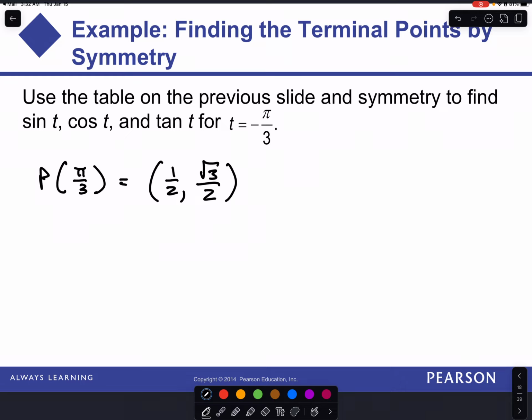So then we're going to call ours a Q, and we want it to be a negative pi over 3. So instead of being in the first quadrant, we want to be in quadrant 4, which means that x is positive and y is negative. So that's going to correspond to 1/2 comma negative root 3 over 2.